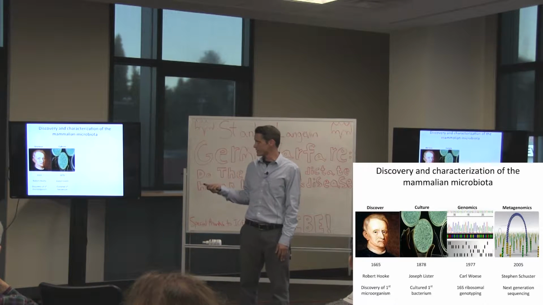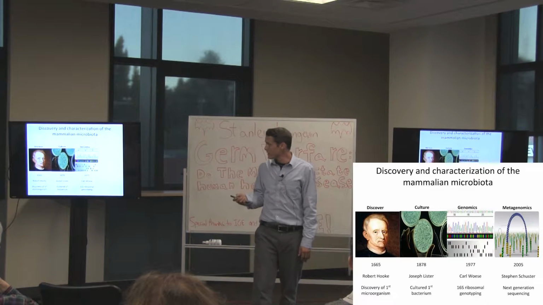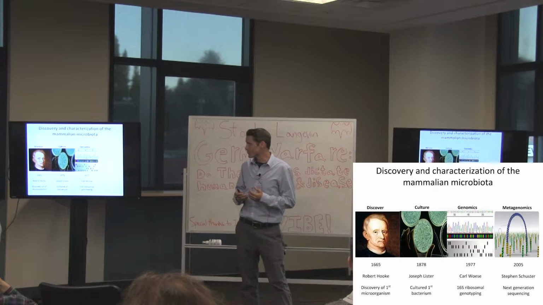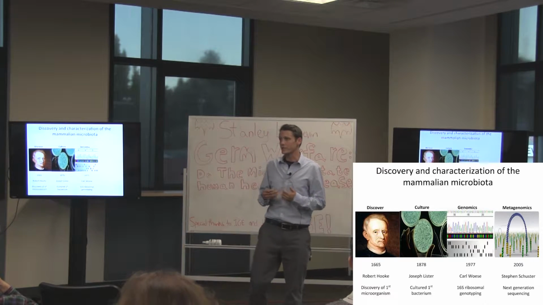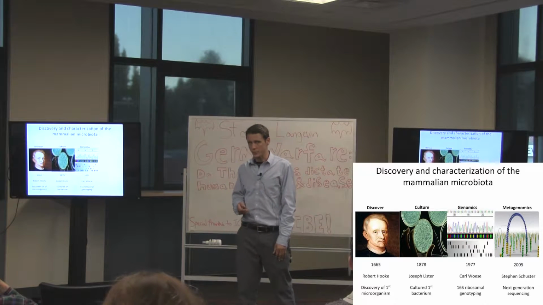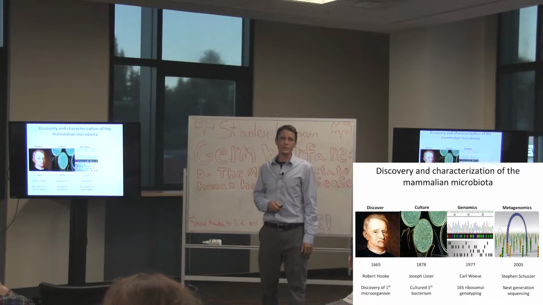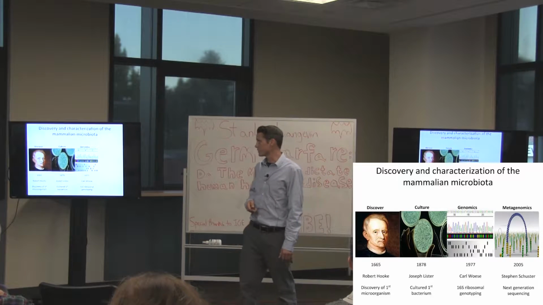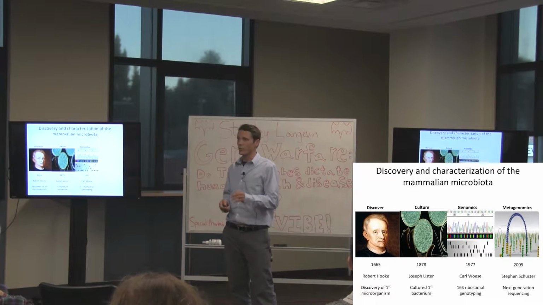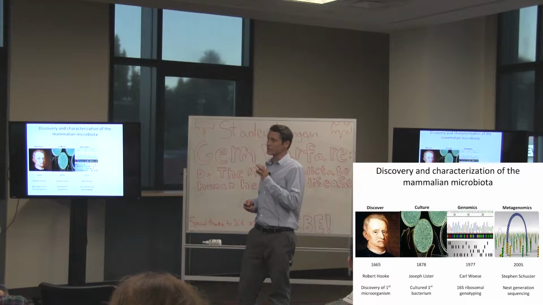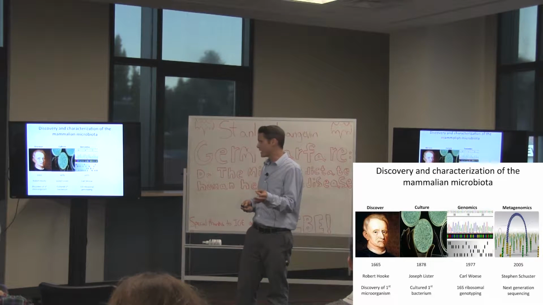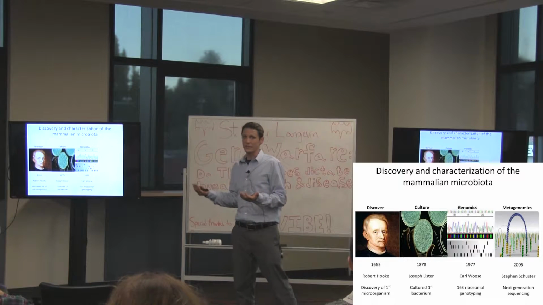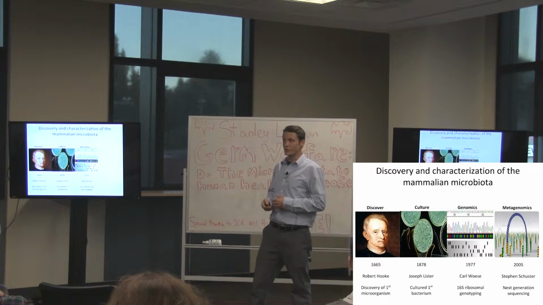The next revolution was our ability to sequence those bacteria and microbes, because then we could use the genes they produce and understand more about their functionality. It also gave us the ability to characterize microbes that we couldn't culture, which is 60-70% of the microbes in your microbiota.